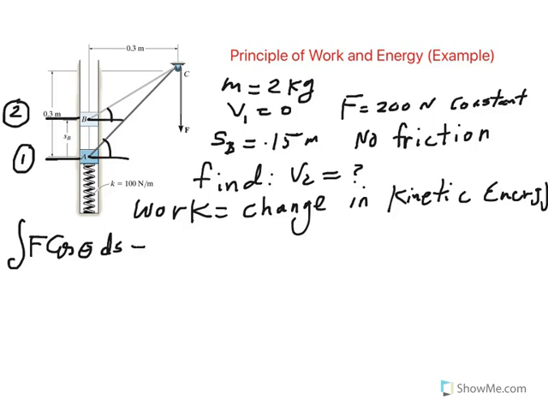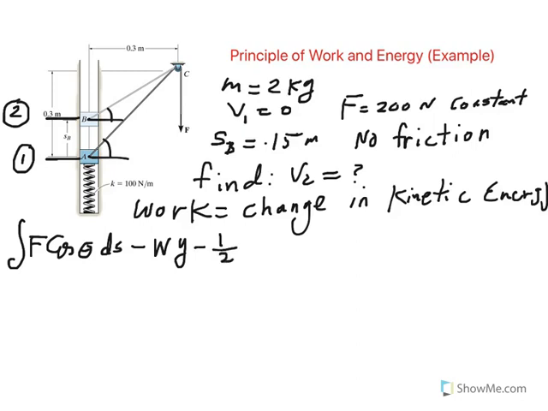Then we have the work of gravity, which would be the weight of the object times the vertical displacement. And since we're going from position 1 to 2, the motion is against gravity, that work is going to be negative. W here is the weight, Y is the vertical displacement, which would be 0.15.